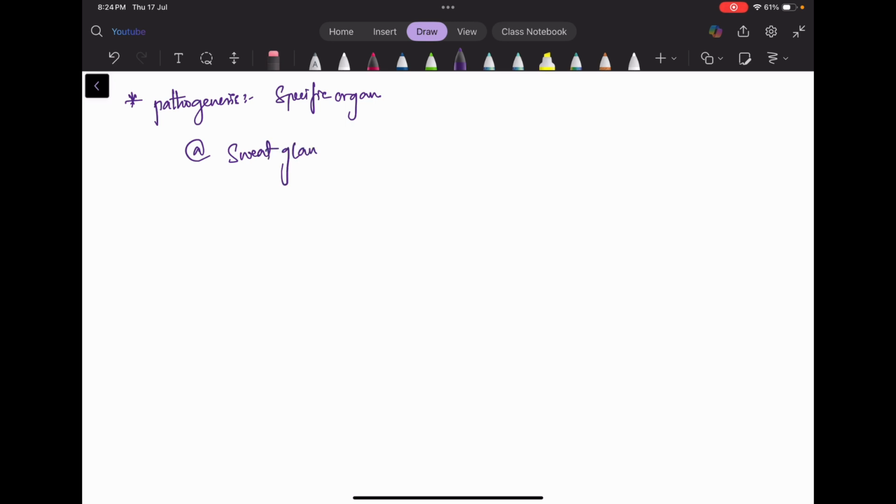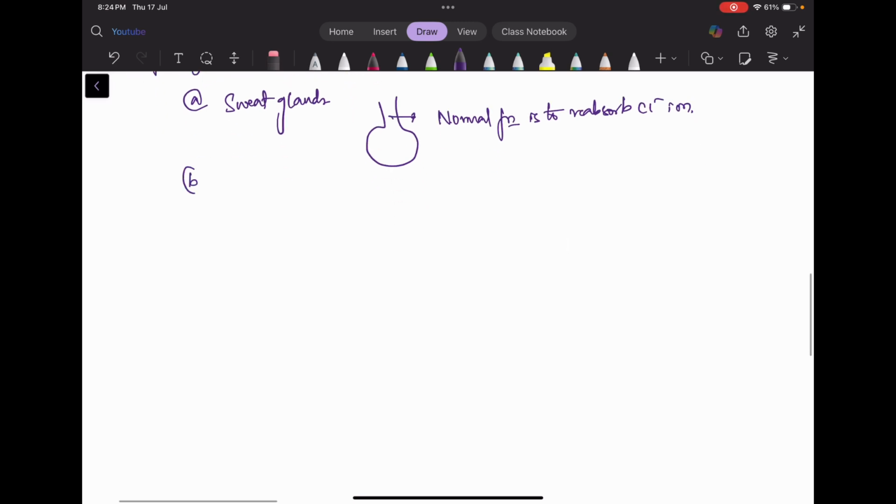The normal function is to reabsorb chloride ion. Then the tracts: it may be the GIT, the respiratory tract, or the genitourinary tract. These are the main tracts where these receptors are present, right?